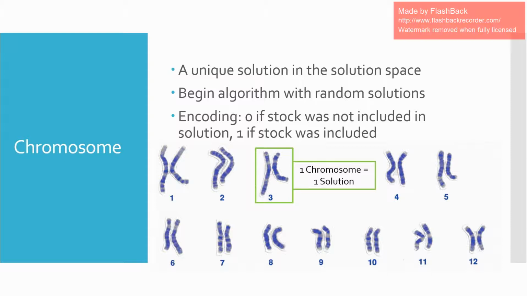So the way I encoded the chromosomes was each solution is a list of 500 elements, each element representing a company in the S&P 500. And the value of each element was 0 if the stock was not included in the portfolio, and 1 if it was.